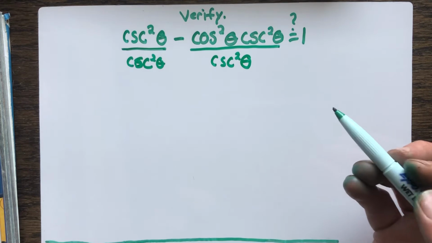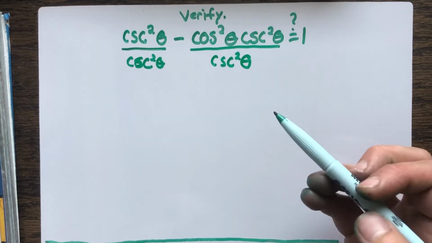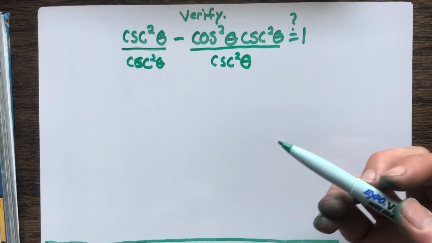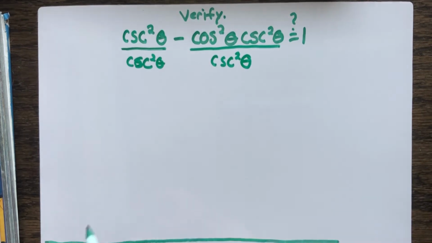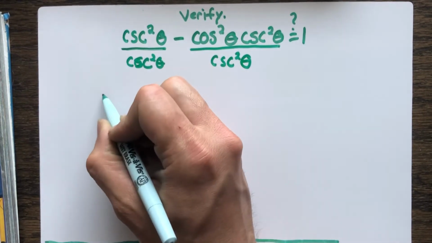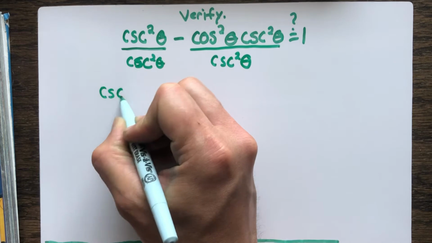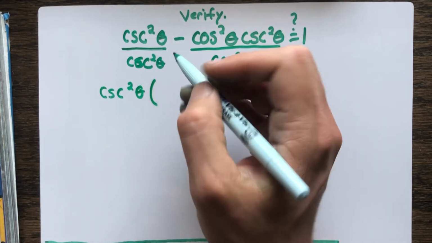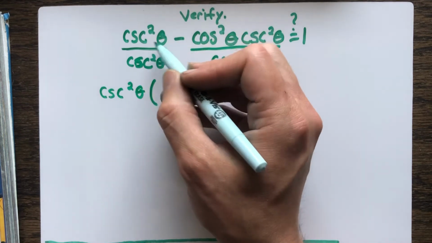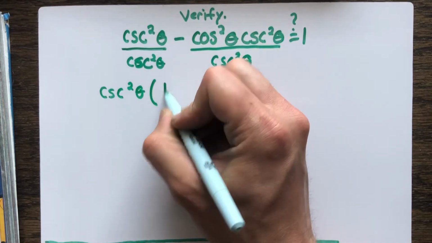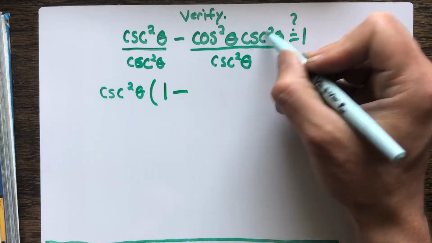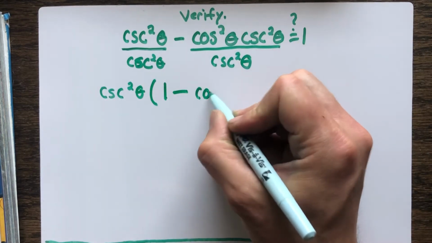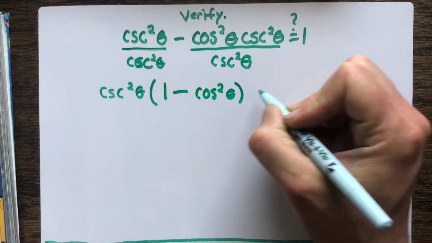So we're kind of looking for that. It's the same thing, it's just not an x or a y, it's this thing. So the cosecant squared was the GCF, so that's coming outside. Cosecant squared theta divided by cosecant squared theta is 1. These are going to cancel out and leave us with just cosine squared.